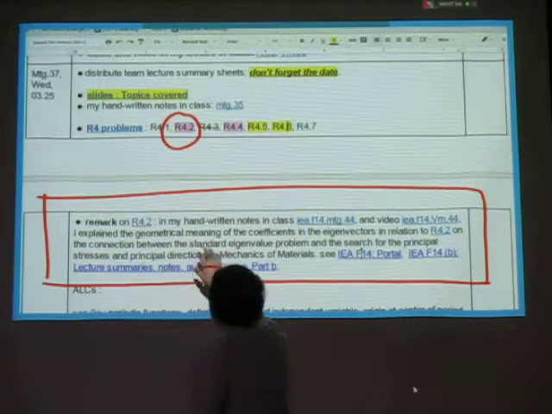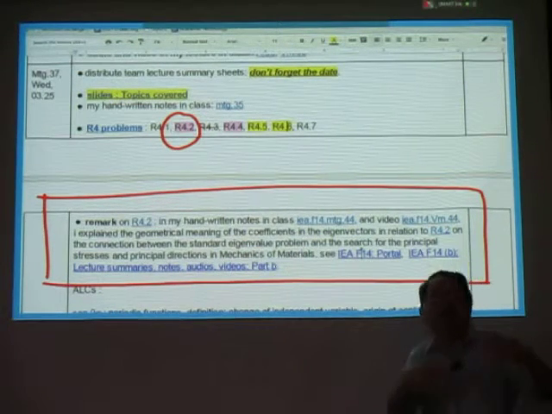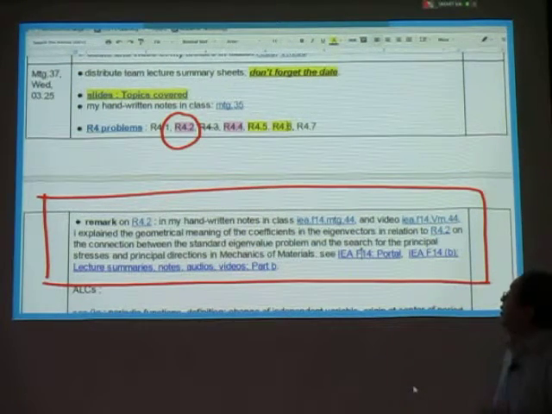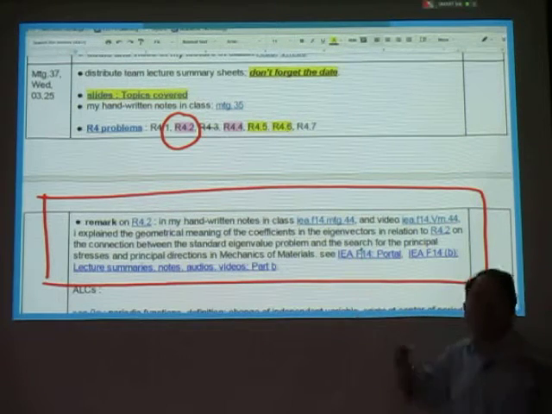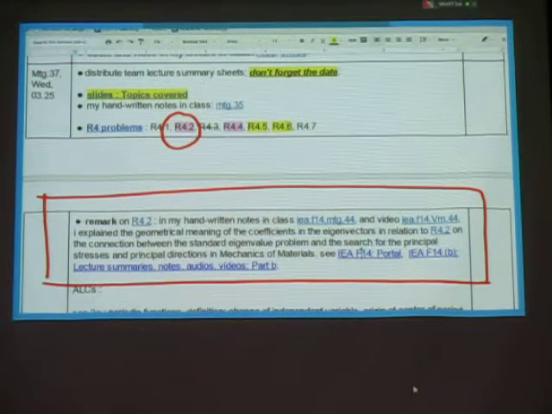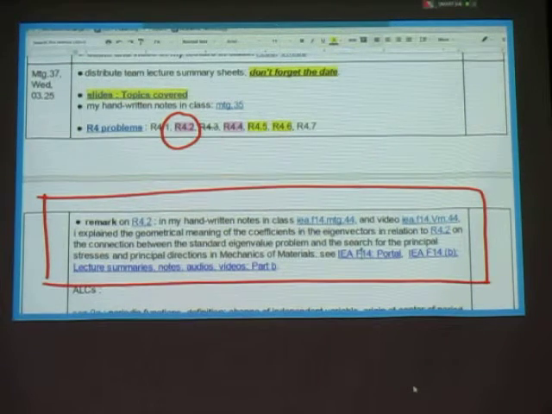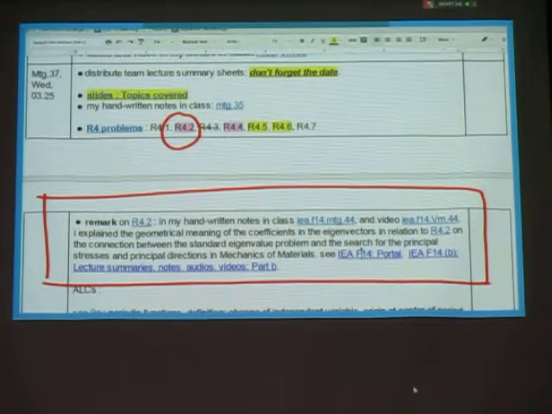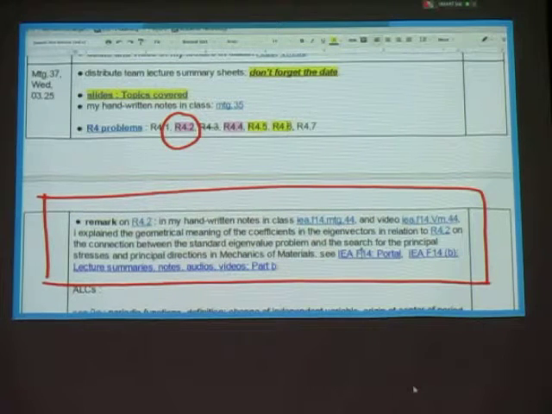I'm explaining the geometrical meaning of the coefficients of the eigenvectors in the method to find the eigenvectors, as I explained in class, meaning setting a certain coefficient equal to 1 and looking for the other coefficient.